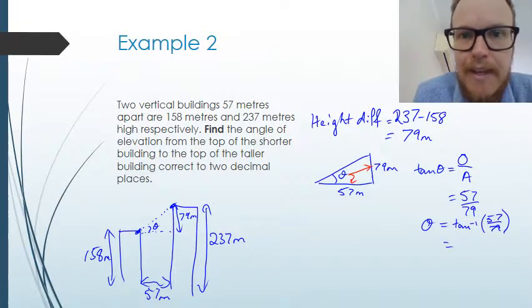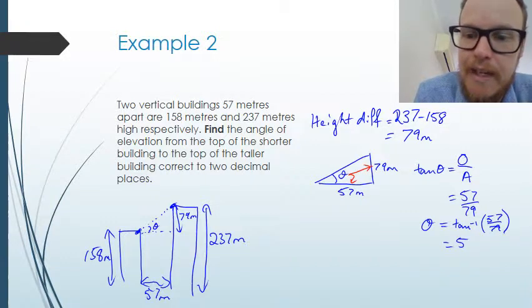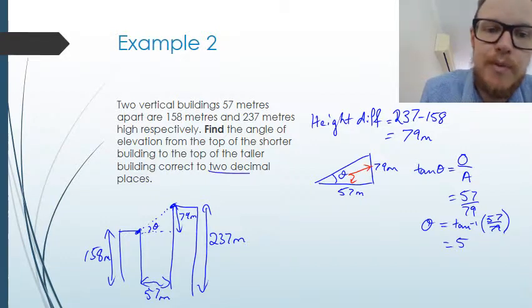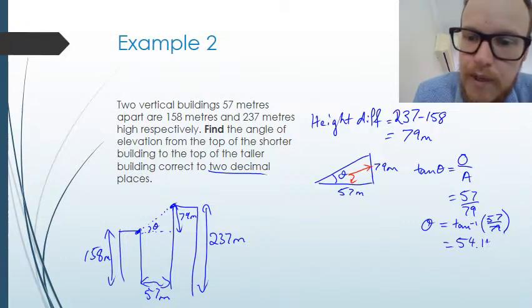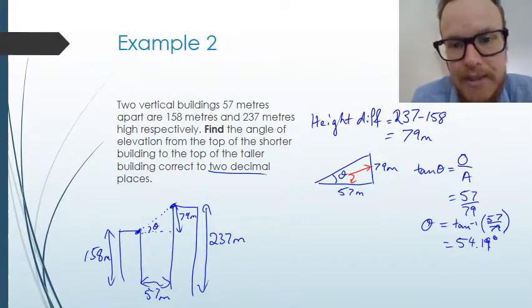And then if we put that into our calculator to 2 decimal places, which is what we're asked for, we get 54.19 degrees. And then we need to answer in a sentence, the final thing.